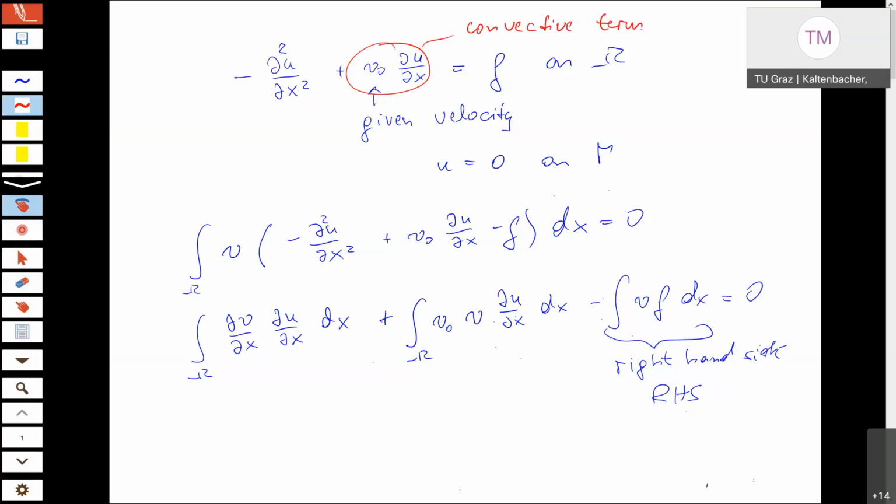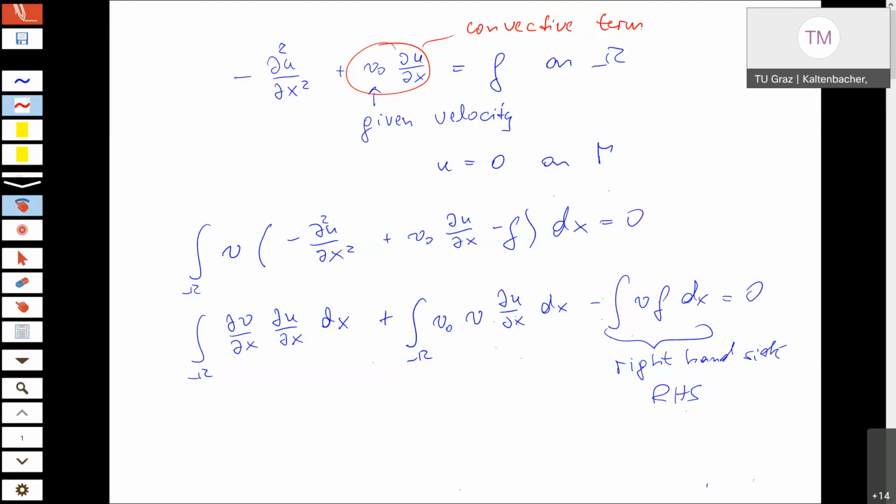That we have, for example, in the heat equation, you clearly have it for flow dynamics and so on. We even have it for electromagnetics. If you have moving bodies having an electroconductivity different from zero, we also could have such a convective term, which gives us the motional electromotive force in our model.